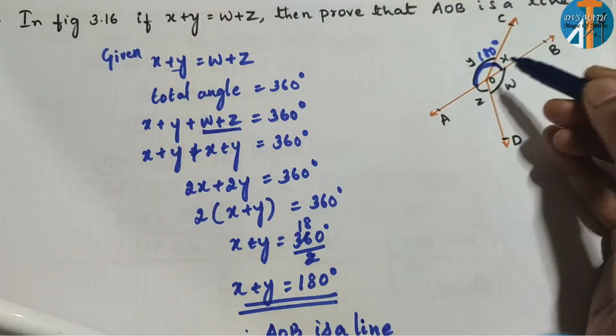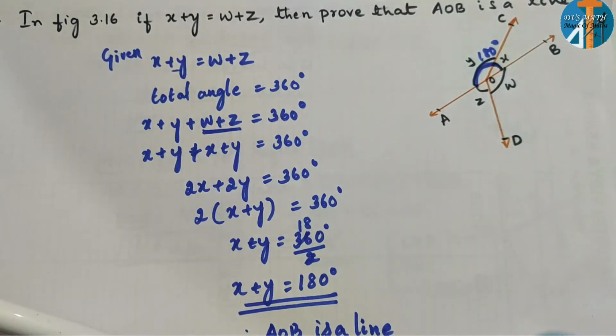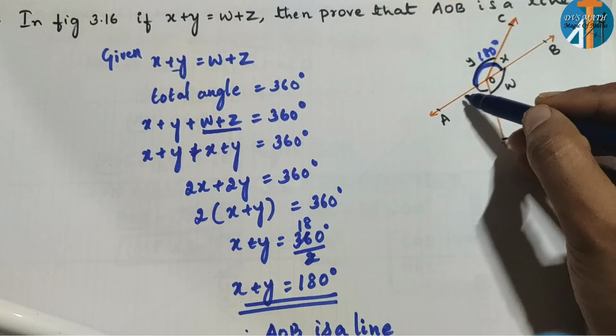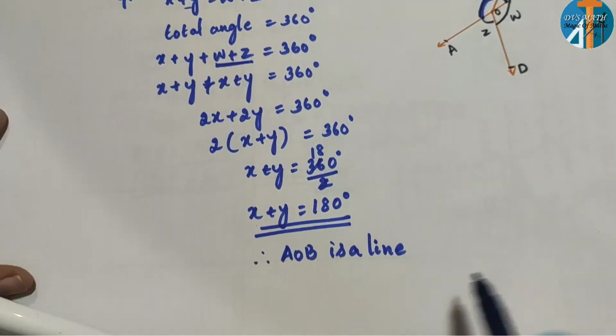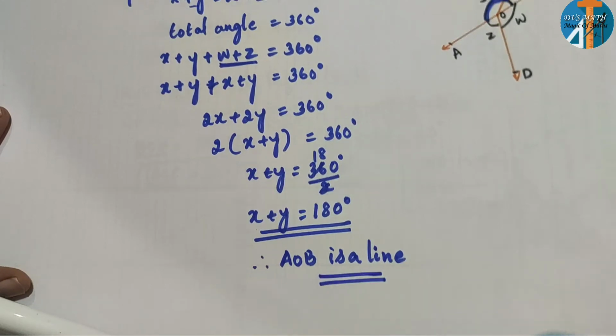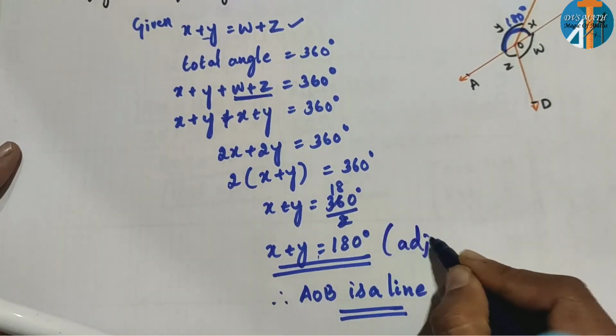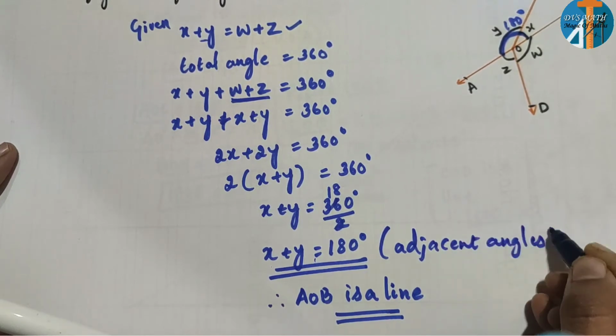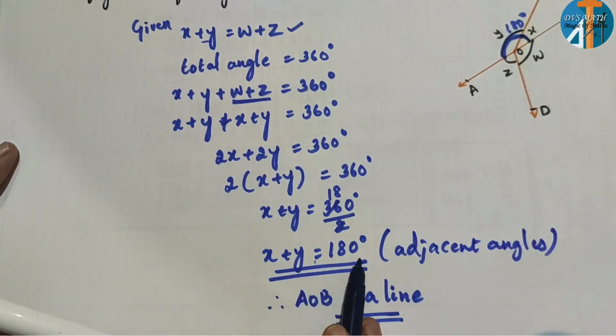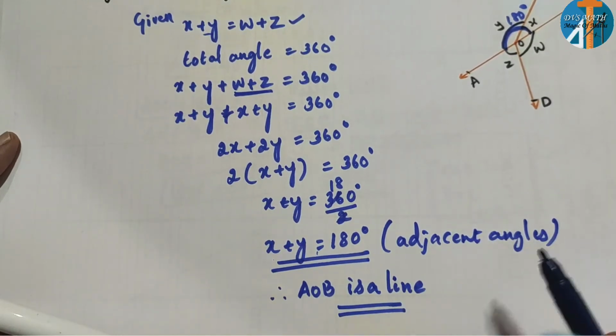These two are adjacent angles. The non-common arms, OA and OB, form a straight line. So AOB is a line. So you can write here, x plus y is equal to 180, adjacent angles. So if their adjacent angles are 180 degree, then AOB is a line.